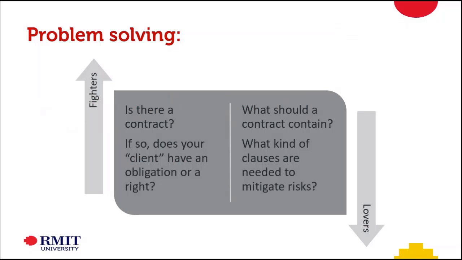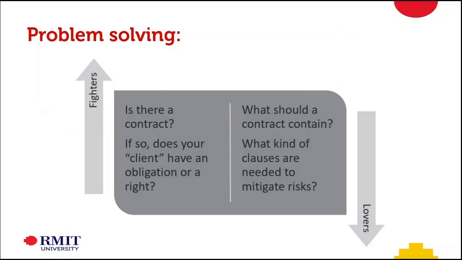I've spent most of my life on the lover's side of the equation here, trying to work out what should be in a contract. And you've done a bit of practice with that in your second assignment now. You've drawn on a fact scenario to think about what kind of promises the parties need to make each other, or should have made each other, that you would include in the written document.